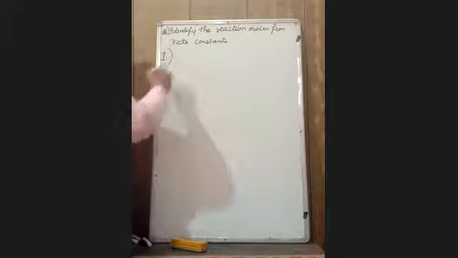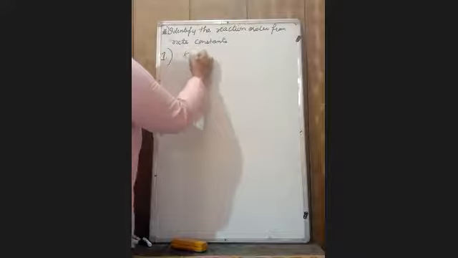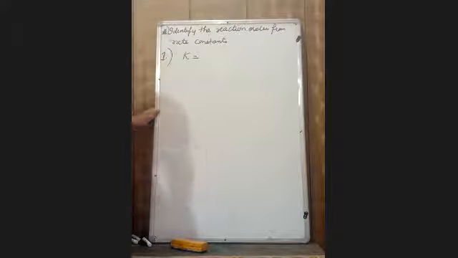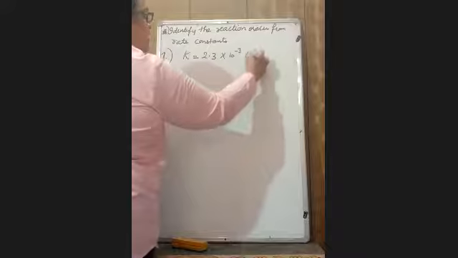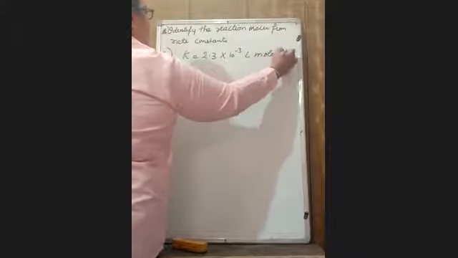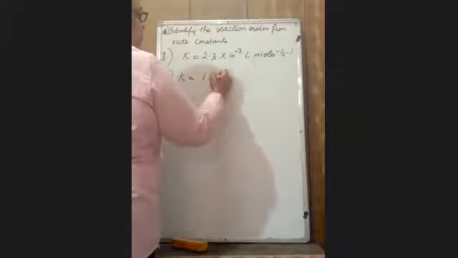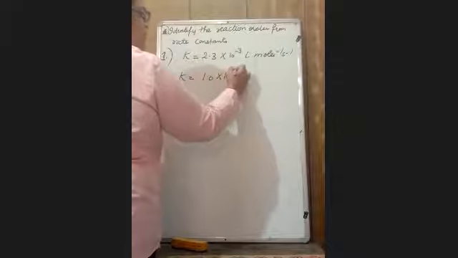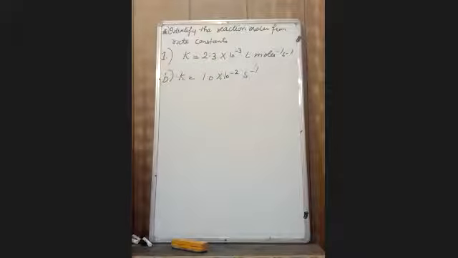And this first part is K is equal to 2.3 into 10 raised to power -3 liter per mole per second. And second is K is equal to 1.0 into 10 raised to power minus 2 per second. How will you tell the order of the reaction?